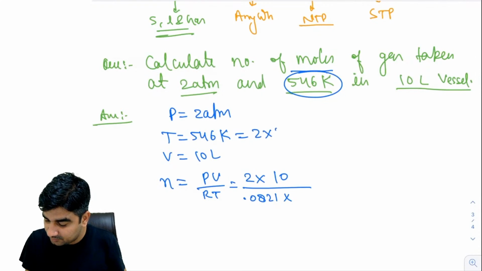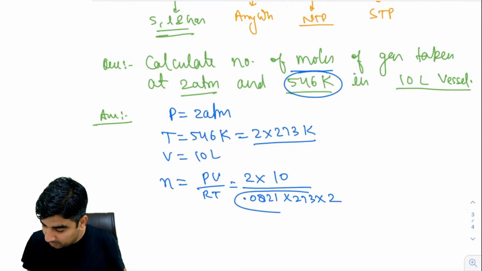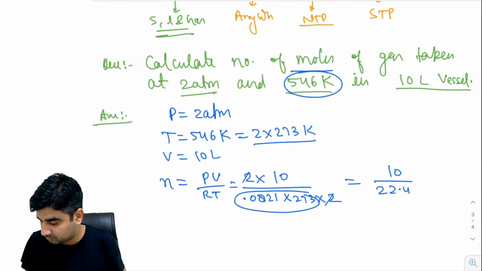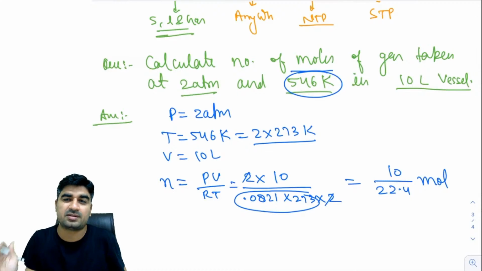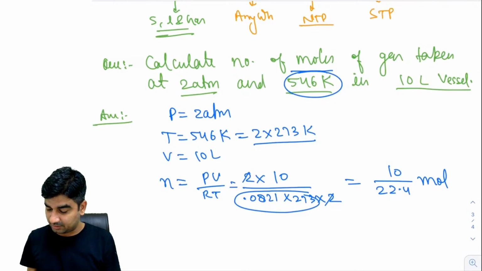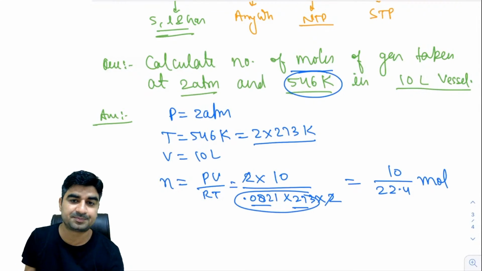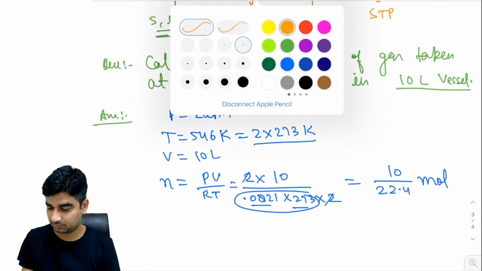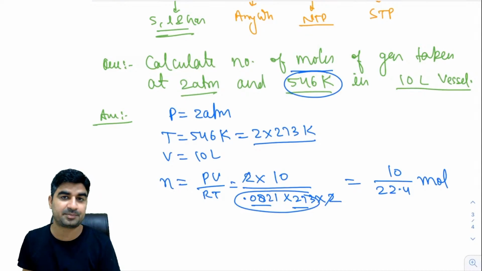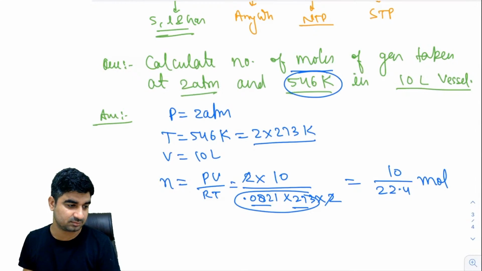I can write it as, so this whole term is 22.4. So this is your answer. I just told you that, just remember this thing. It will come out to be 22.4. I hope you got it. Got it?